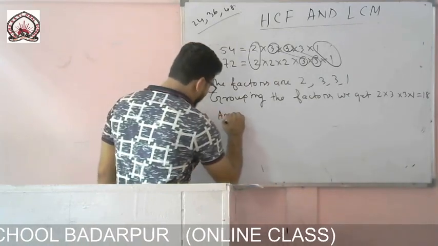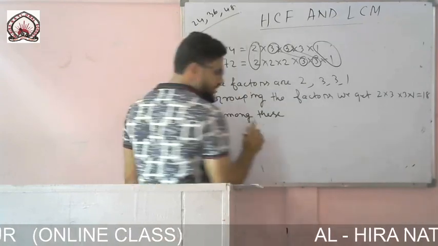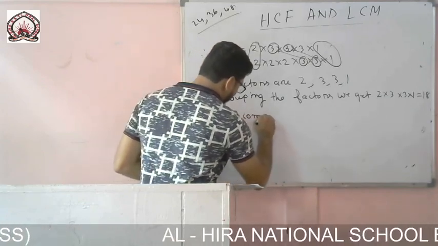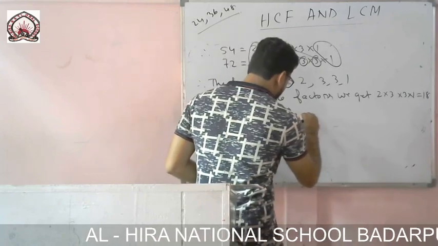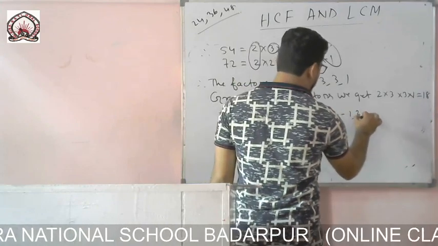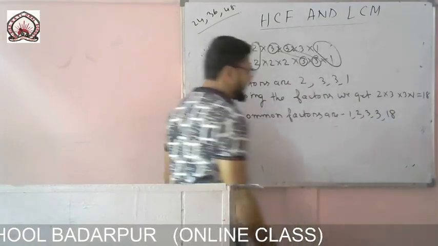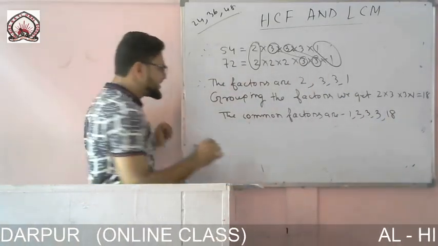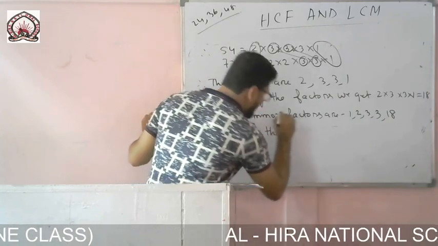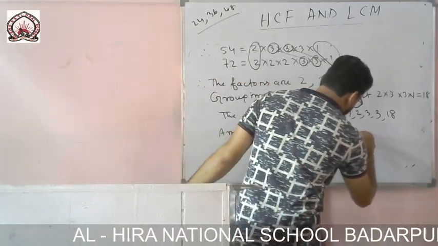Among these, write the common factors. The common factors are, earlier 1, 2, 3, 3, and now newly we got 18 after grouping the factors. Among these factors, 18 is the greatest number.